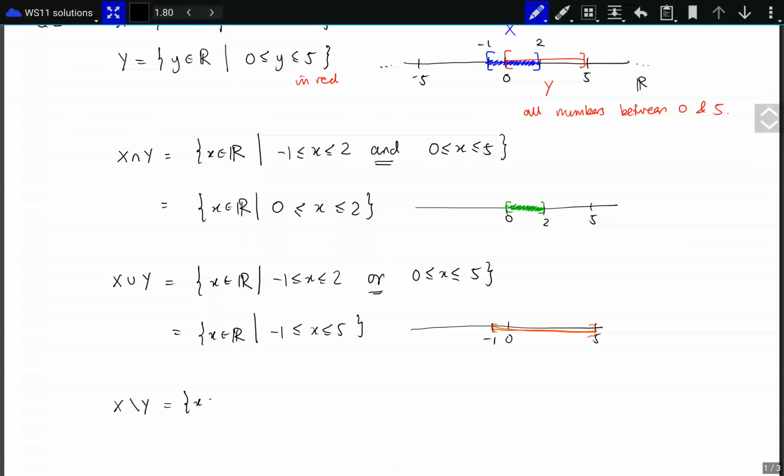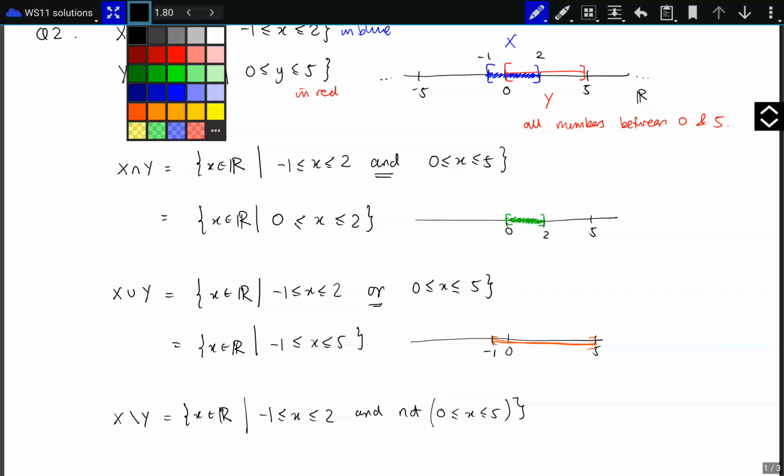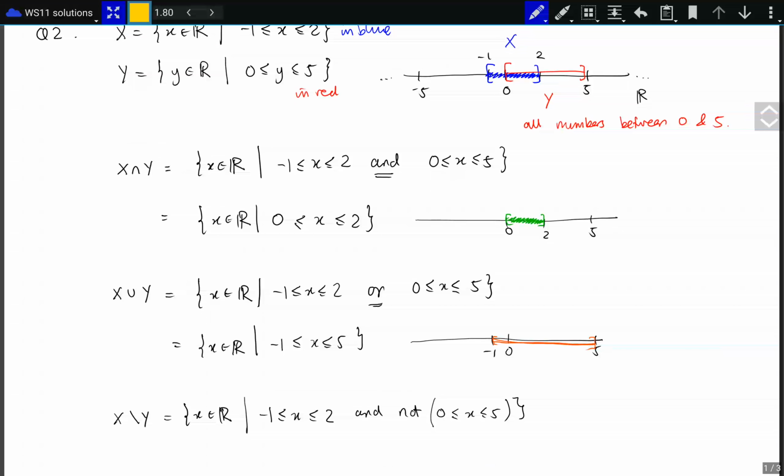So those are all elements which belong to x, but not belong to y. So not of the following condition. So in the picture above, the valid part, let's draw it in yellow. So it's those numbers in yellow, but not 0, because 0 is in y.